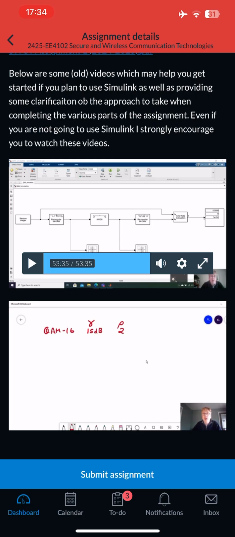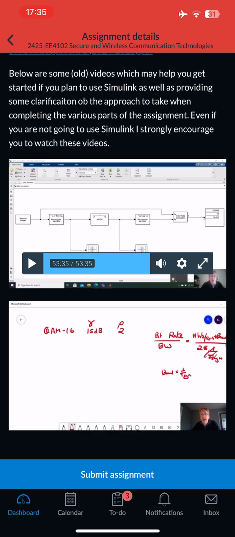Where that equation came from is the bit rate divided by the bandwidth. You assume your bit rate is equal to the number of bits per symbol times the baud rate, and your bandwidth is twice 1 over the symbol time, and the baud rate is basically 1 over the symbol time.